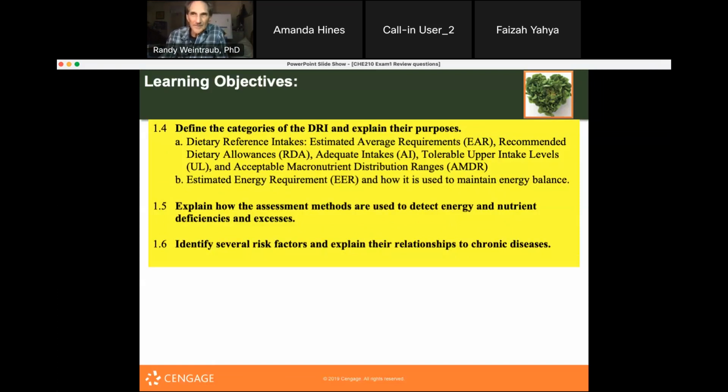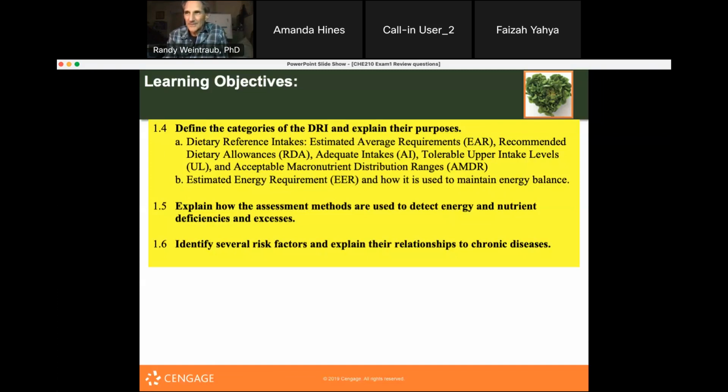Here are the major ones listed under point 1.4: the EAR, the RDA, the AI, the UL, the AMDR, and the EER. You should be able to define those and say why they're distinct from one another.